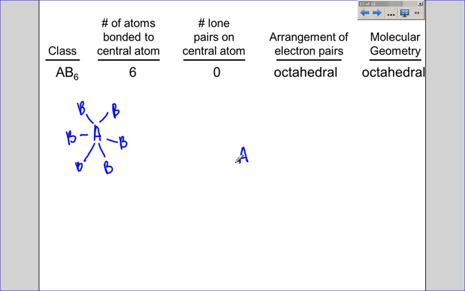So essentially in the equatorial plane, if you think about it that way, we're going to have a square, and then above and below that, we're going to have another bond. So the angles everywhere in this molecule are 90 degrees.